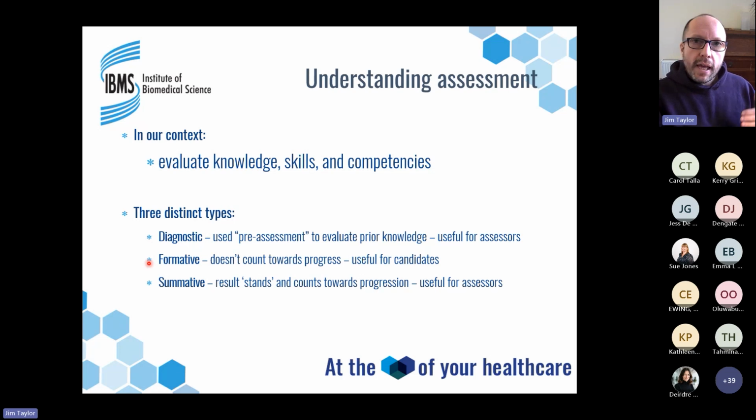Formative assessment in a university context is assessment that doesn't count towards formal progress through a qualification. Often in lower level qualifications particularly, formative assessment takes the form of draft submissions and that kind of thing.